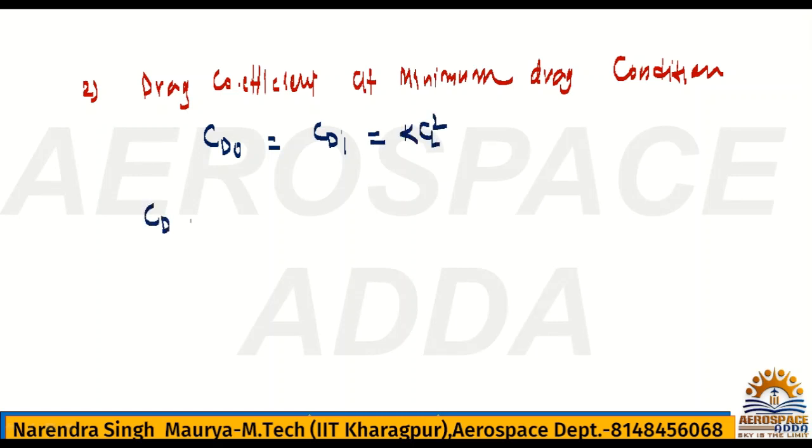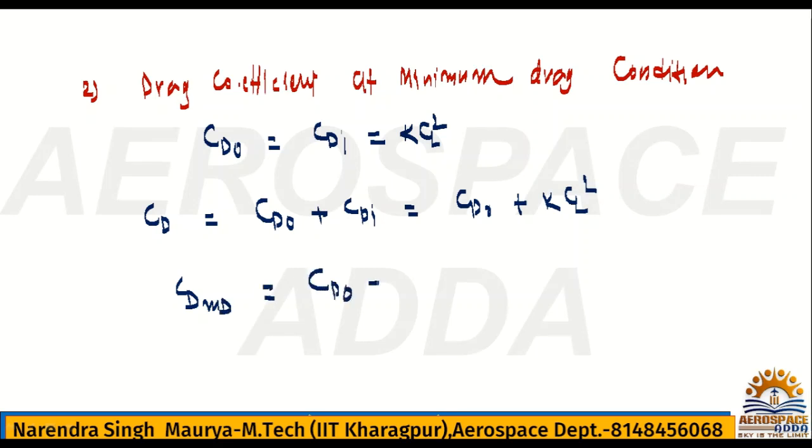If you write the drag polar, CD is equal to what? CD naught plus CDI, or you can say CD naught plus K CL square, meaning the same. So what is the CD? Now CD is CDMD, minimum drag. So CD naught plus what is the CDI?